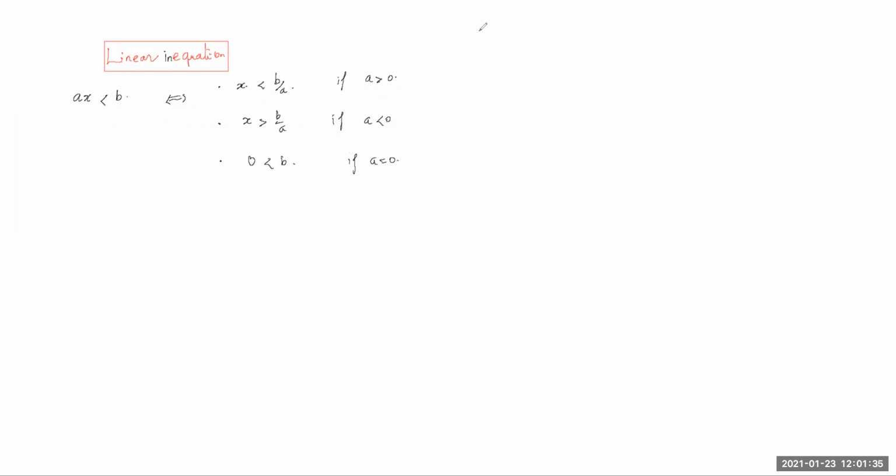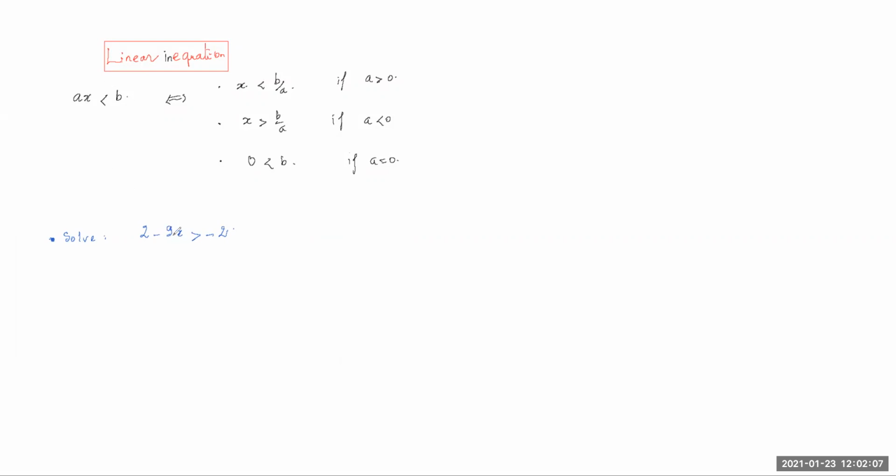Okay. So let's do an example. First example. Suppose that we are asked to solve the inequation 2 minus 9x greater than minus 2. I don't have exactly this form, but I can bring myself to this situation.